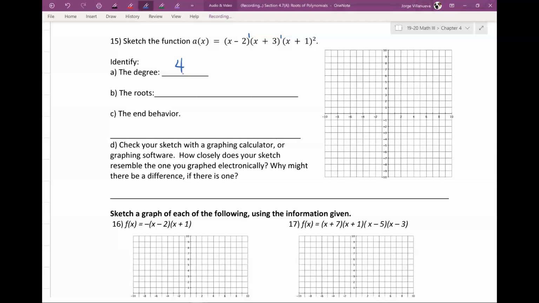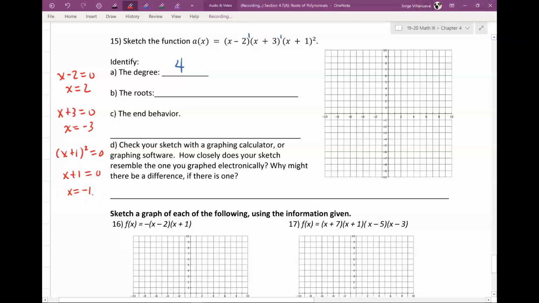So I'm just going to put the work right here on the side. x minus 2 equals 0, so x equals 2. x plus 3 equals 0, so x is negative 3. And x plus 1 squared equals 0, so if you take a square root, you get this. I'm just doing it real quick for people who maybe needed to see the work.